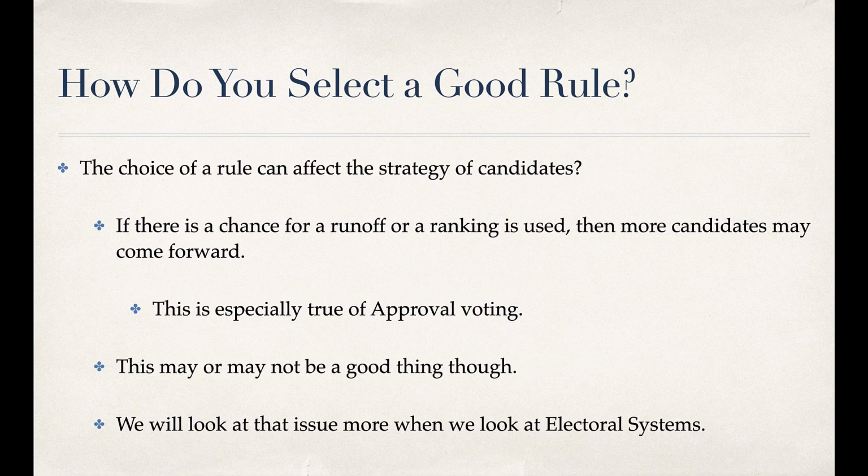Another thing to think about is that the choice of a rule can also affect the strategy of the candidates, right? We know this from the real world. In 2016, Hillary Clinton won the popular vote, but lost the Electoral College. And a lot of people said, well, this just shows that she should have won.